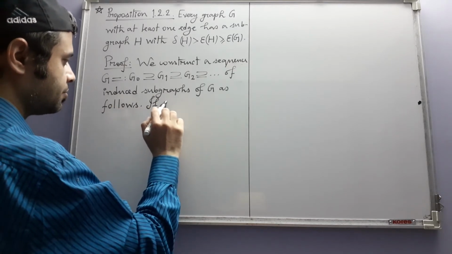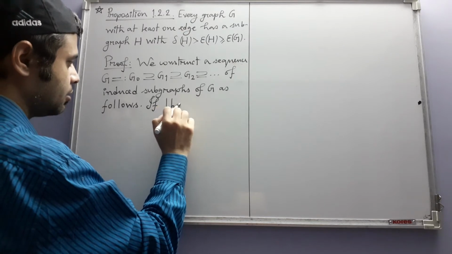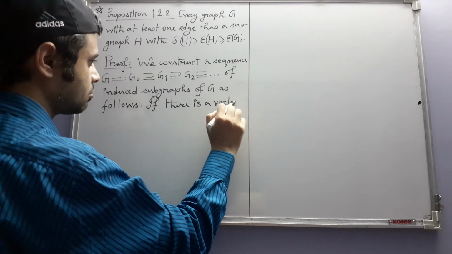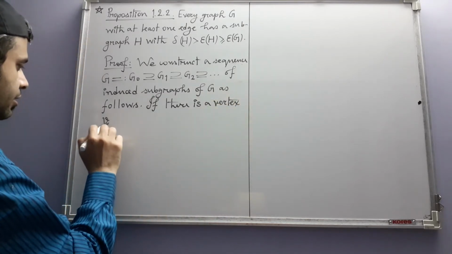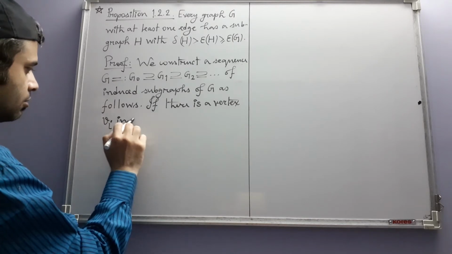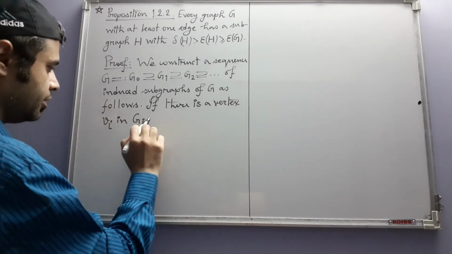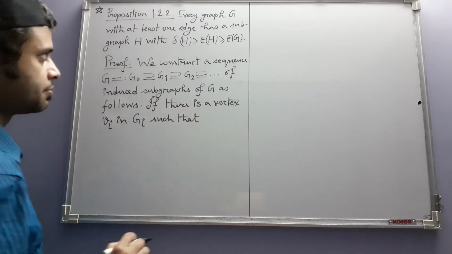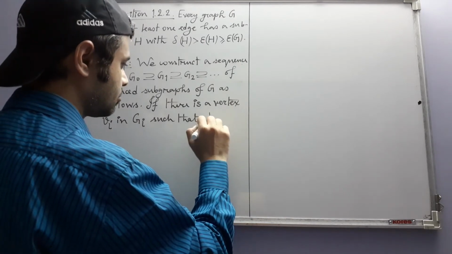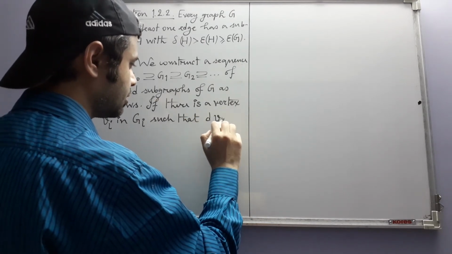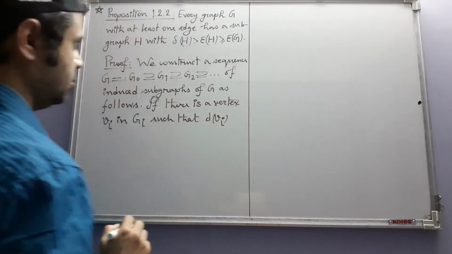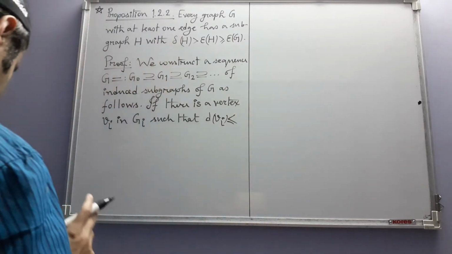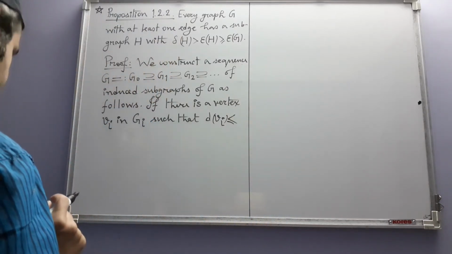If there is a vertex Vi in Gi such that the degree of the vertex is less than or equal to, is it less than or equal to or greater than or equal to?